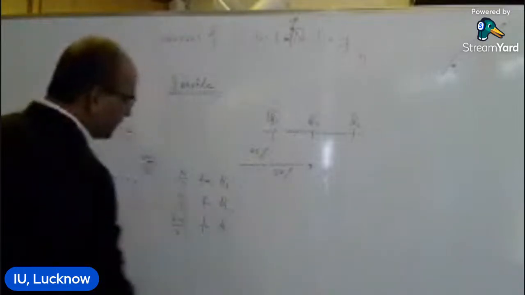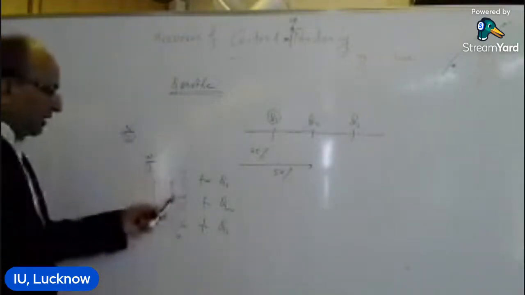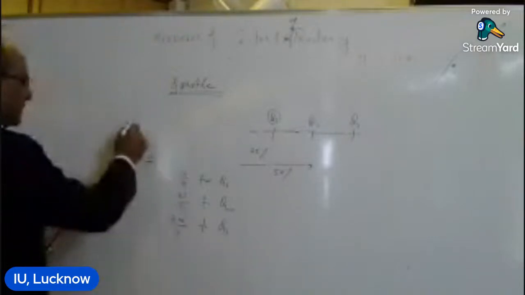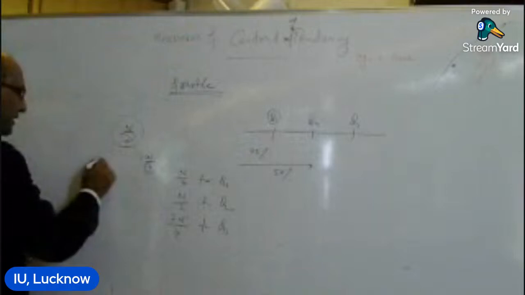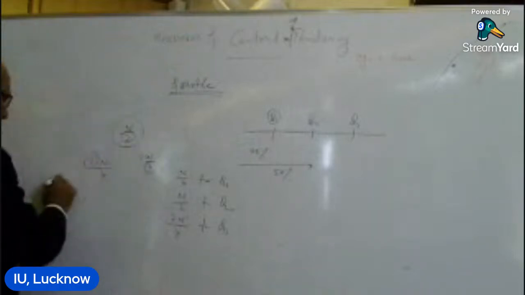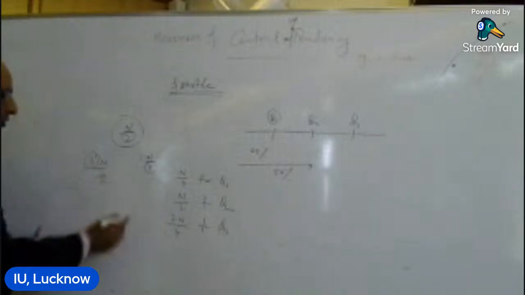So just replace n by 2 with i n by 4, where i is 1, 2 and 3: 1 for the first quartile, 2 for the second quartile, and 3 for the third quartile, and nothing more.